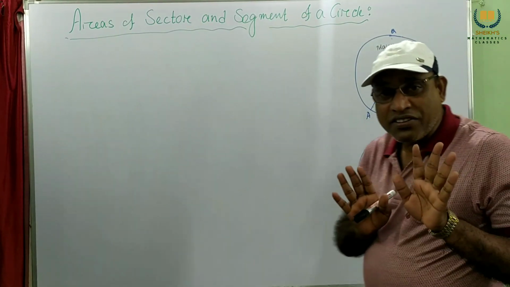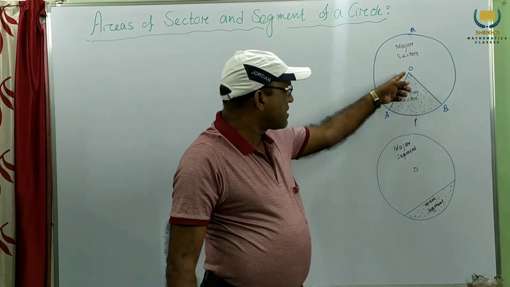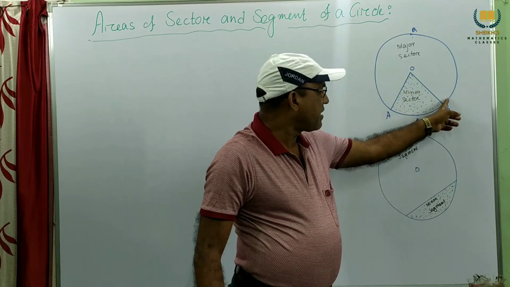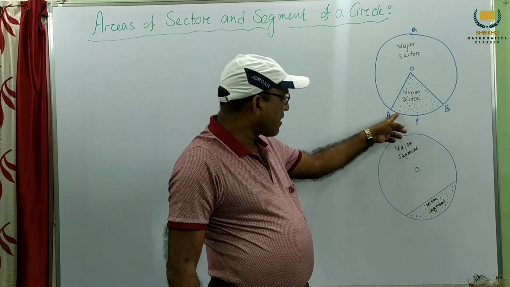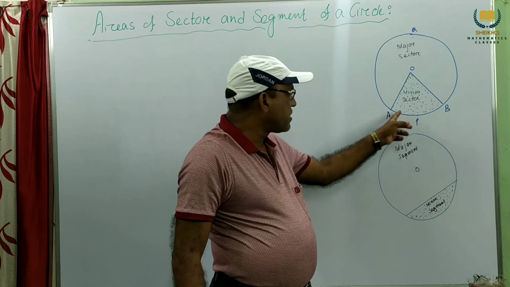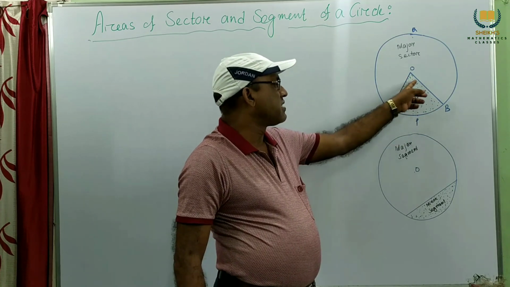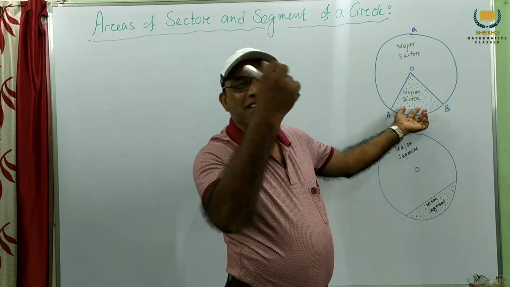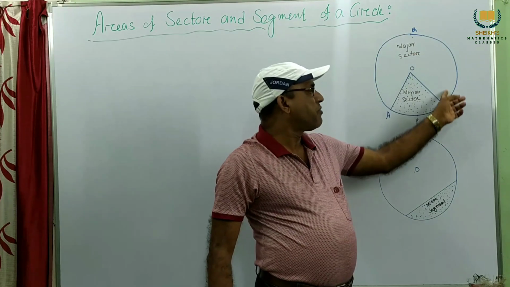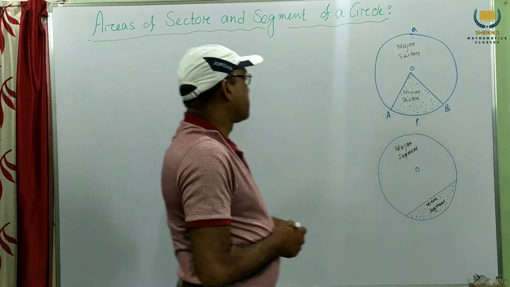Now what is sector? Our requirement is two radius and an arc, and this portion is called sector. This is small portion, called minor sector, and this is big portion, called major sector.